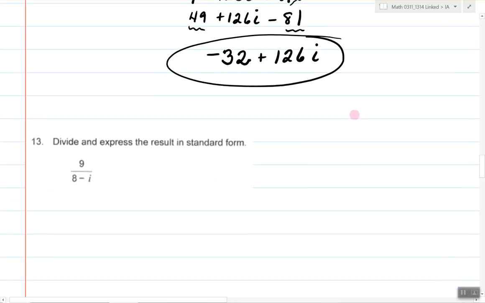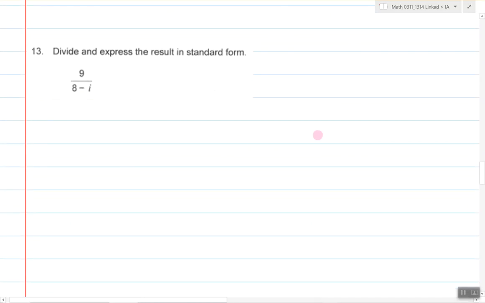All right, so we have added and subtracted by simply adding and subtracting the real parts, adding or subtracting the complex parts. We have multiplied by using our processes that we learned with polynomials, where we did distributive property, did FOIL, did the squaring, remembered sum and difference products, which involved conjugates.